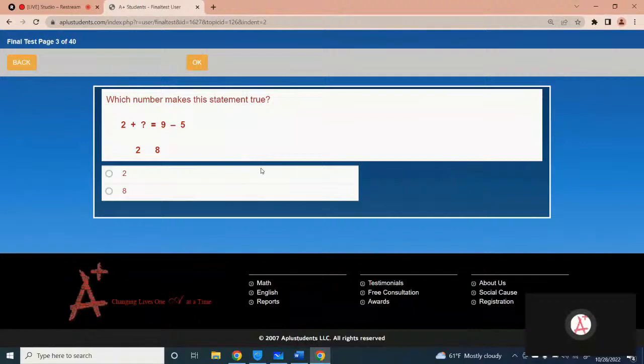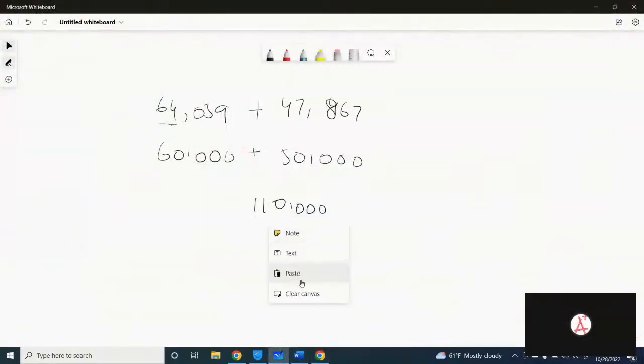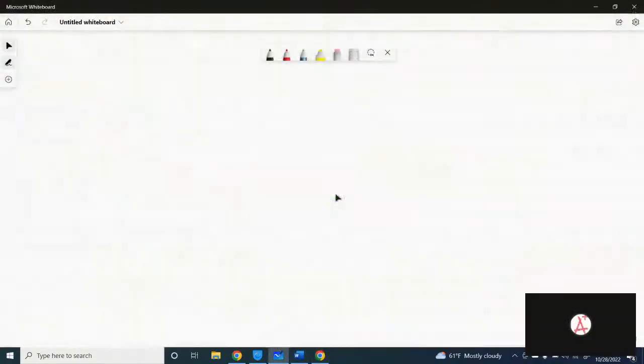Let me write it down on the board. 2 plus the missing number equals 9 minus 5. And the options are 2 and 8. 9 minus 5 is 4, and then you have 2 plus the missing number.